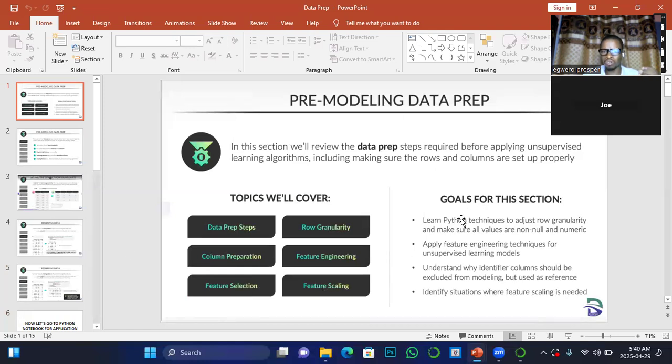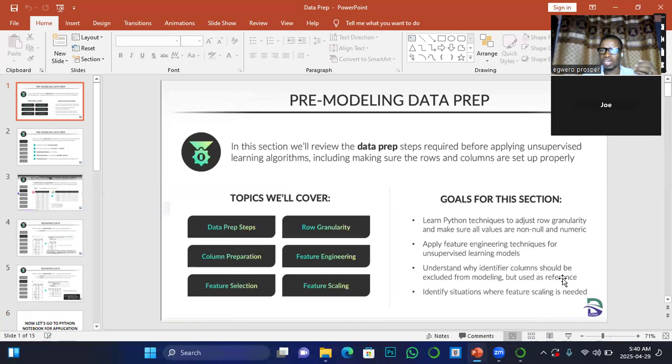What is our goal for this section? We'll learn Python techniques to adjust row granularity. That's what? Reducing or increasing the number of rows.